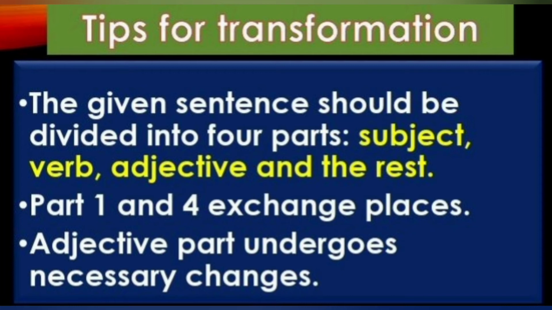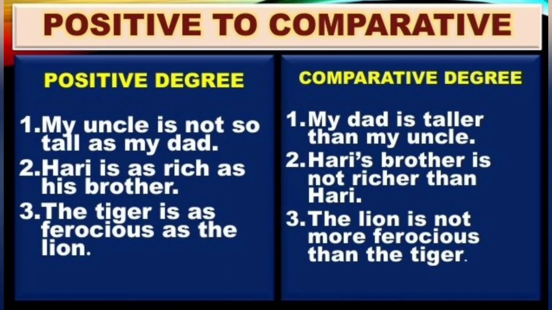Okay, these are the 3 important tips we need to follow when we are transforming sentences from positive to comparative and vice versa. So let's now see some examples to transform sentences from positive to comparative degree. 3 examples are given here. The first one: my uncle is not so tall as my dad.